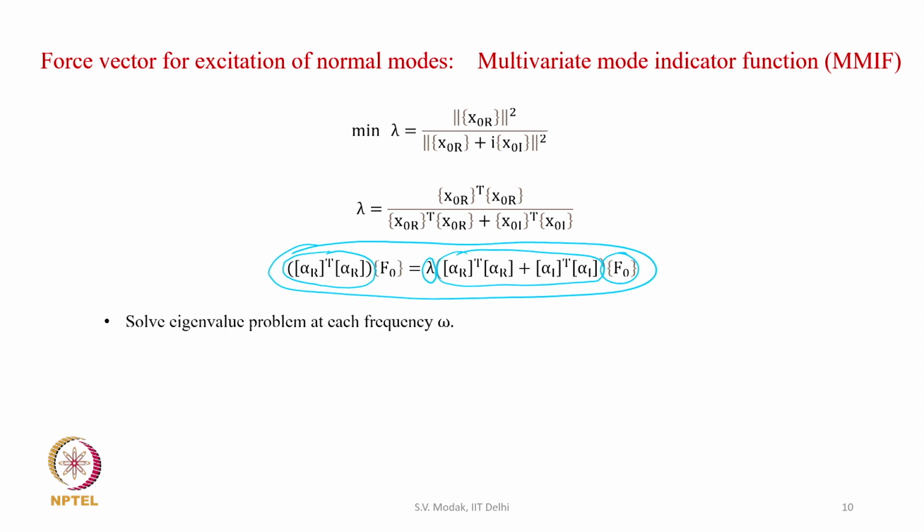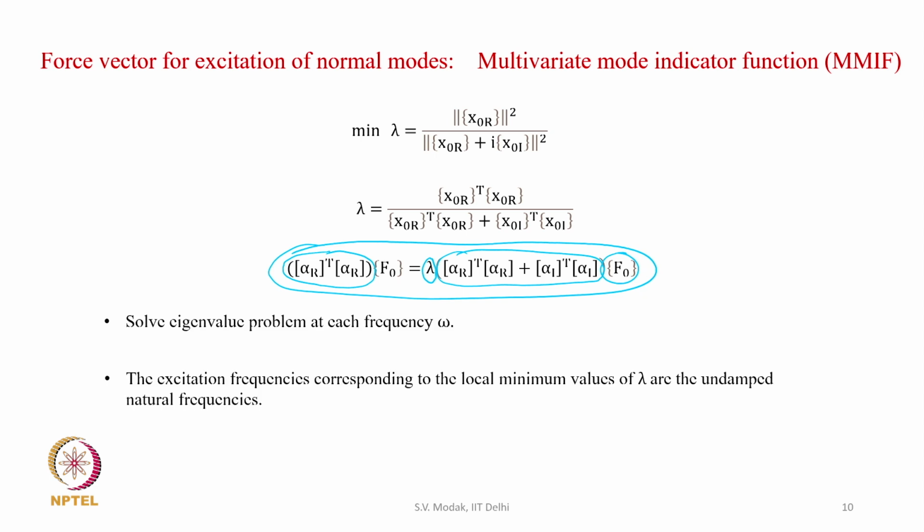Here we solve the eigenvalue problem at each frequency, and the excitation frequencies corresponding to the local minimum values of lambda are the undamped natural frequencies. Because when lambda is minimized, and ideally if lambda becomes 0, the numerator of this expression would be 0.